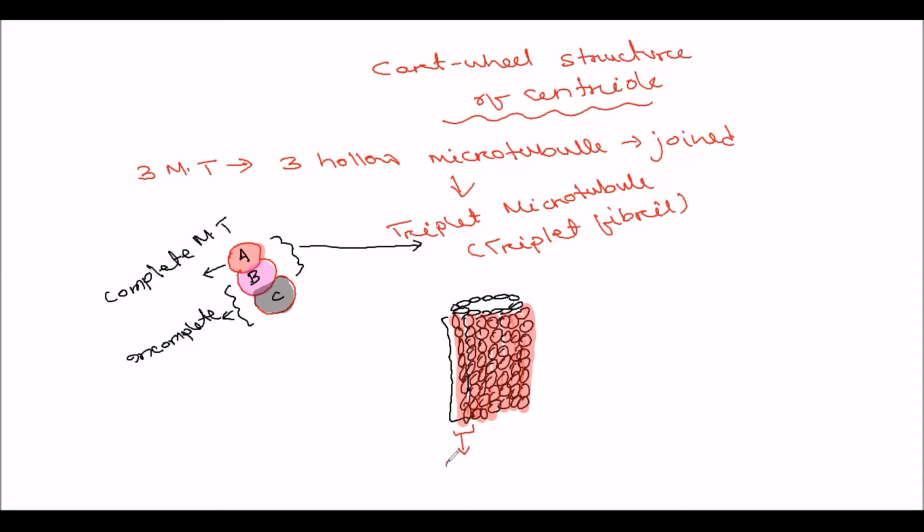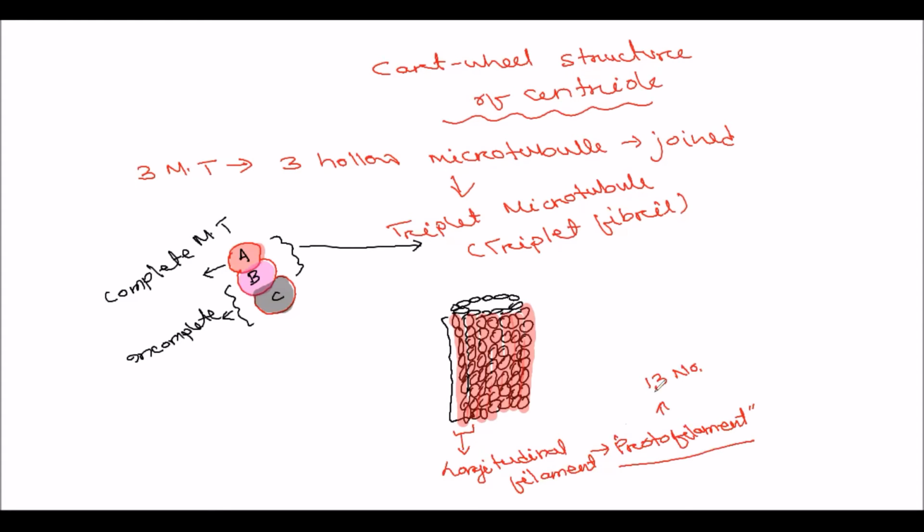This is called a longitudinal filament, or that is also called a protofilament. How many protofilaments are there in the microtubule? In a complete microtubule, there is presence of 13 protofilaments.